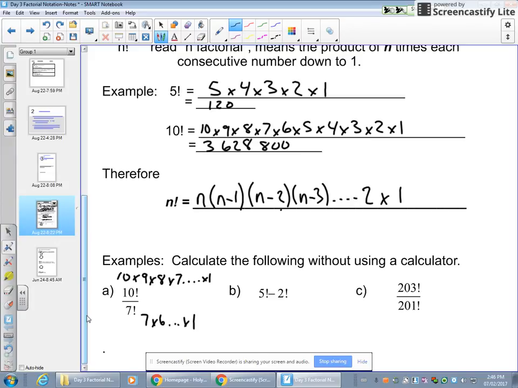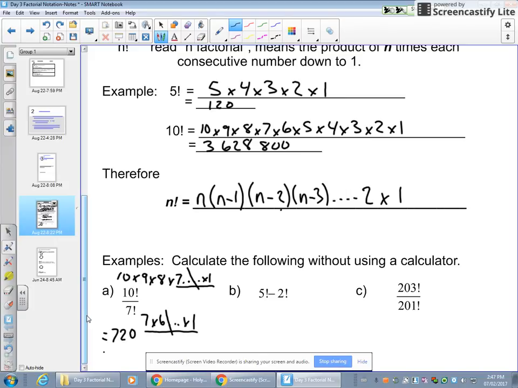So in this case, we can see that the 7 times 6 times 5 times 4 times 3 times 2 times 1 is the same as the 7 times 6 times 5 times 4 times 3 times 2 times 1. So these are going to simply divide out. And what we're really left with is 10 times 9 times 8. So 10 times 9 is 90, times 8 would be 720.